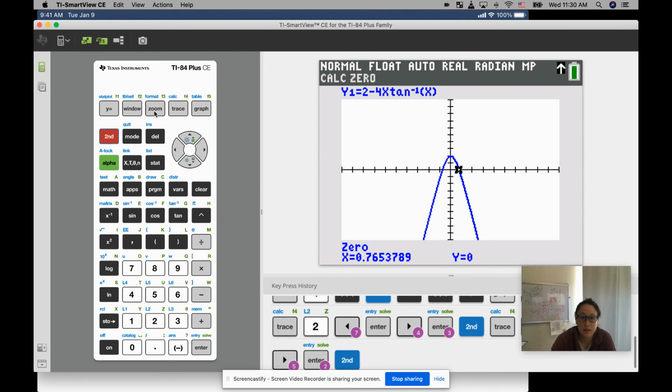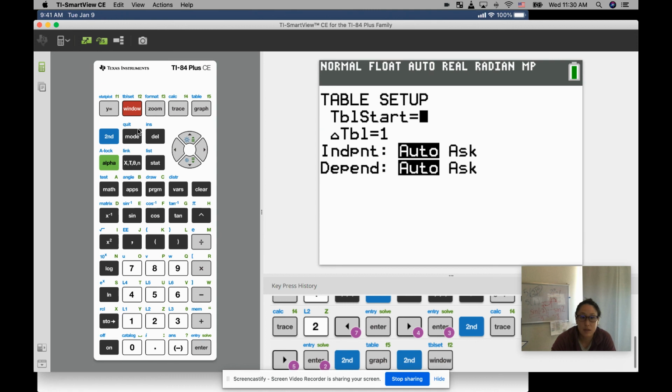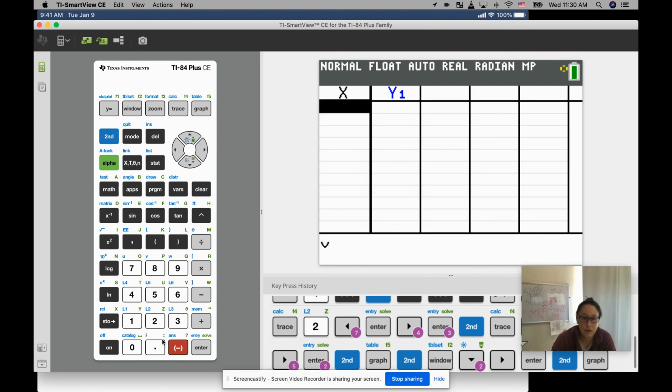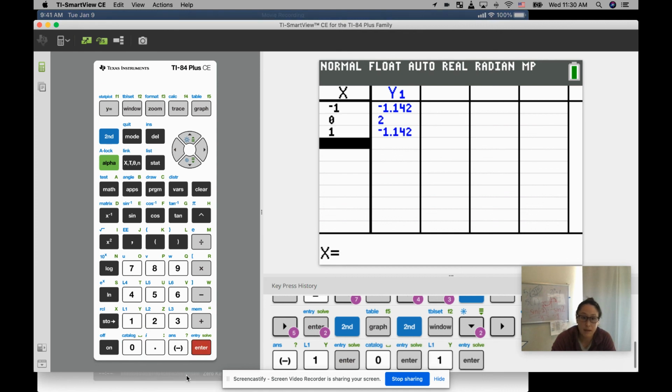So I have second table, and I want to change my table set to ask because I'm just that type of person. Okay, so -1, and I see the output is negative, 0, it's positive, and 1, negative.